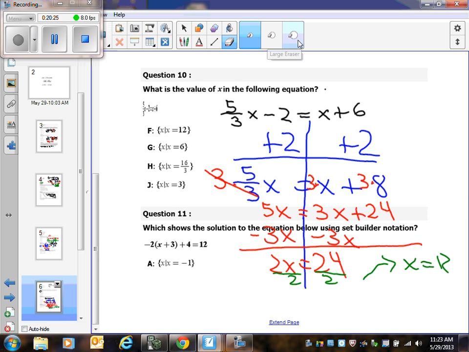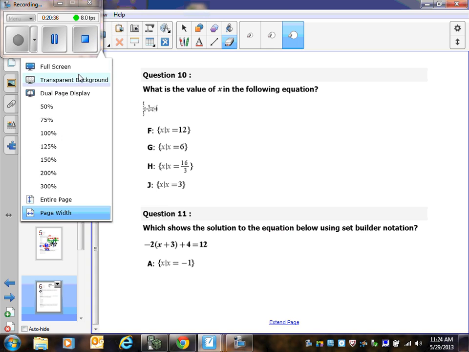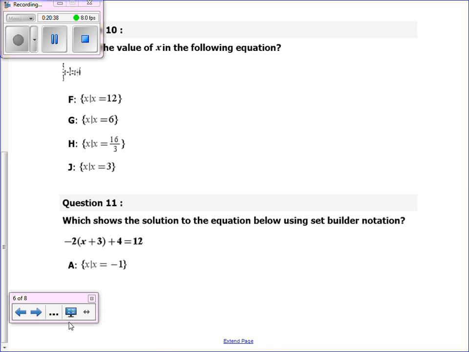All right. So let me just get rid of this work here. The one thing you want to be careful of with this problem is to make sure that you distribute that negative.